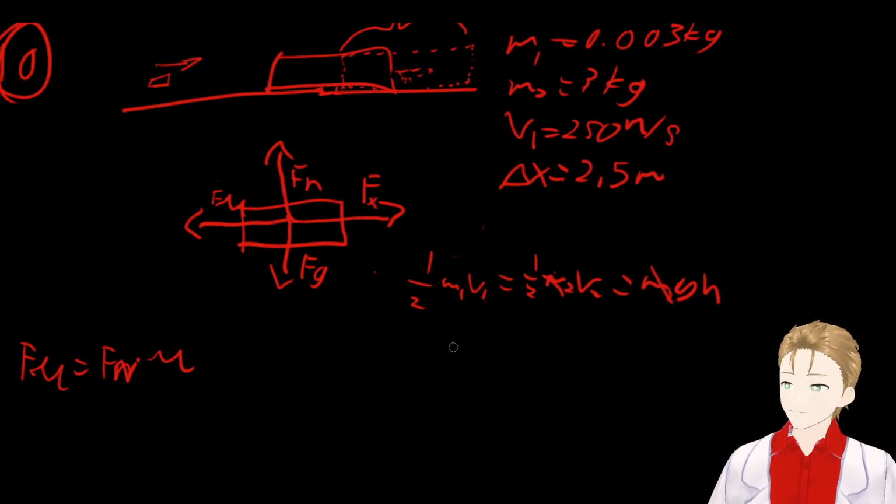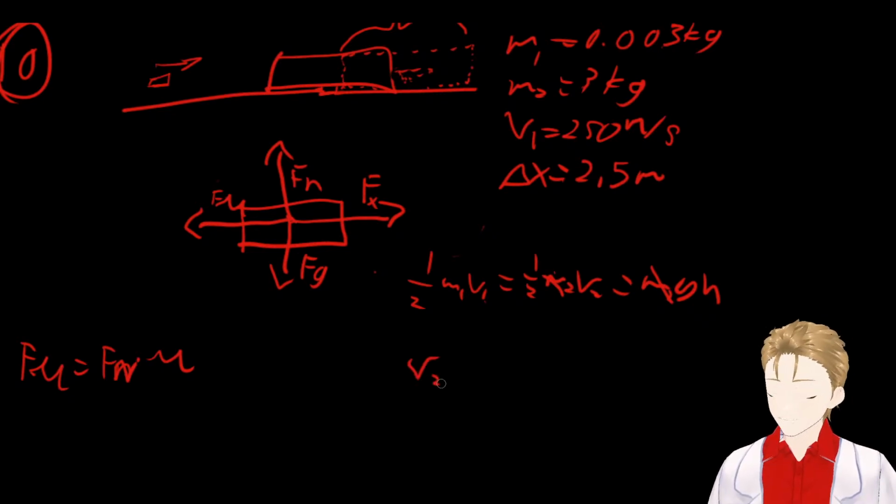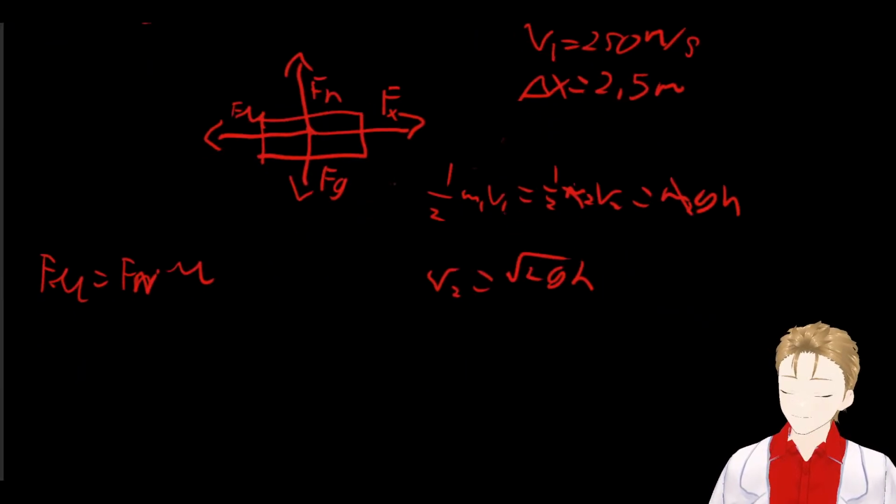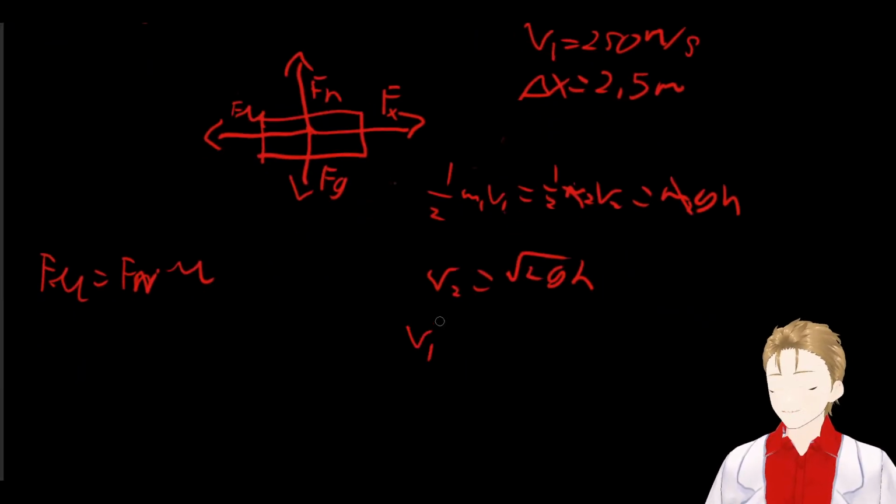We get V2 equals the square root of 2GH. Actually, what's the collision?